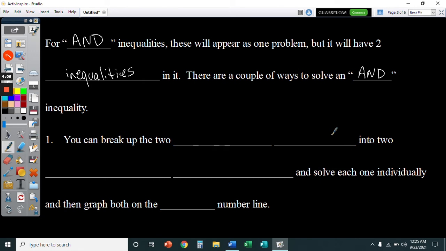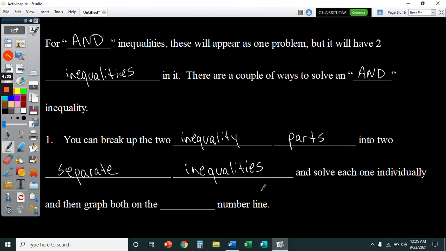You can break up the two inequality parts into two separate inequalities. And this will make more sense when you see it. They'll appear as one problem, and you can break up the two inequality parts into two separate inequalities. Solve each one individually and then graph both on the same number line, just like we did before. That's one way to do it.